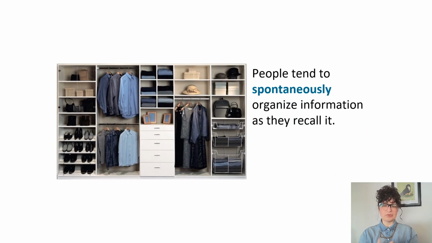Very early on in memory research, I want to say like the 1910s, researchers recognized that people tend to spontaneously organize information as they recall it. If you give people a big mixed up list of words that come from three different categories, say suburbs of the lower mainland, snacks, and luxury car brands, all jumbled up, people tend to recall it categorically, because the category probably serves as a retrieval cue for recalling other items in that category.